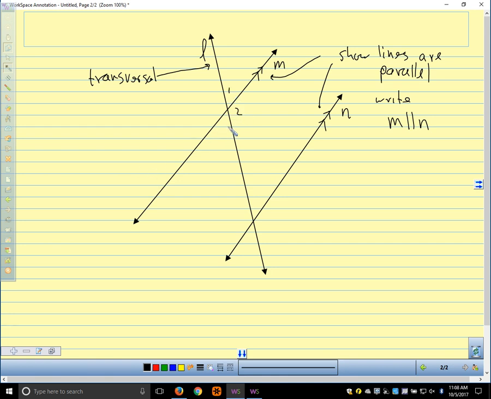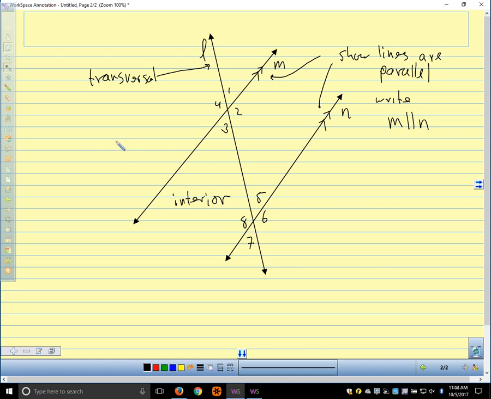And I'm going to number the angles just like they are on your graphic organizer. And what we're interested in is how these angles are related. One other piece of information, and this is how we're going to refer to the angles. Between the parallel lines, we call the interior. So when we're between the parallel lines, we're on the interior.